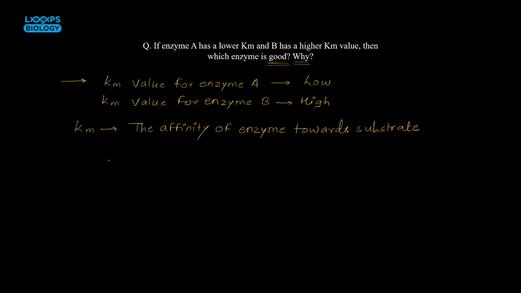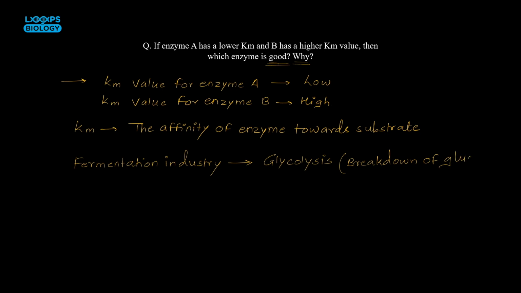If I'm talking about, suppose, fermentation industry, and I want to get my product as soon as possible, in this particular case, the glycolysis, that is nothing but breakdown of glucose, has to take place at a faster rate.